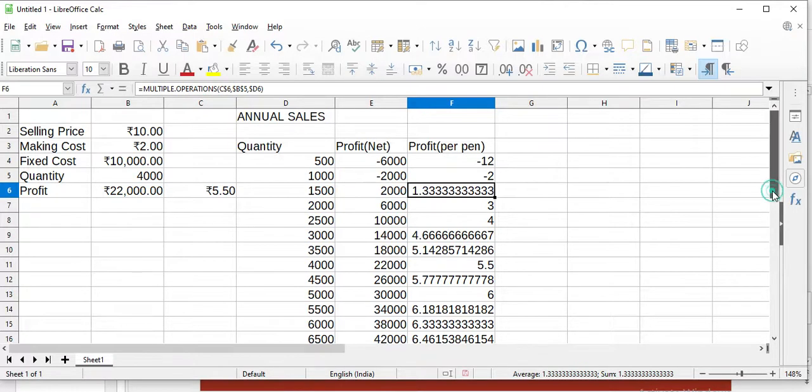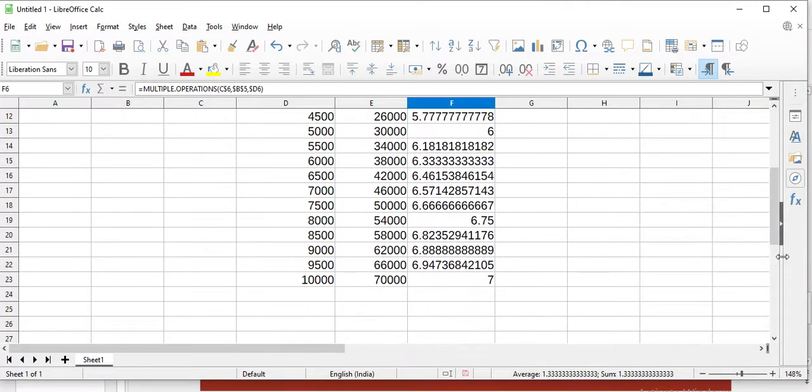Like that you will see the different profits. If you are having 10,000 pens quantity, you will have the profit of 70,000 net amount, and for per pen you will have the 7 rupees profit.